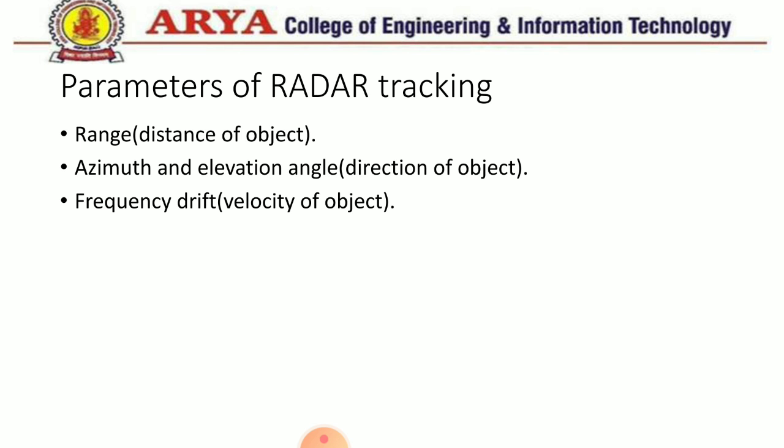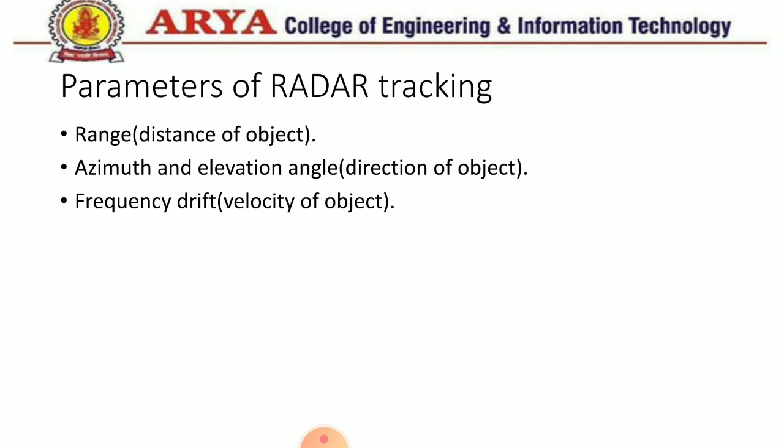Azimuth and elevation angle justify the direction of the object, and range identifies the distance of the object. So these three parameters are essential in a radar tracking system to identify the position, motion as well as direction of the object. This is the basic agenda of a radar tracking system.